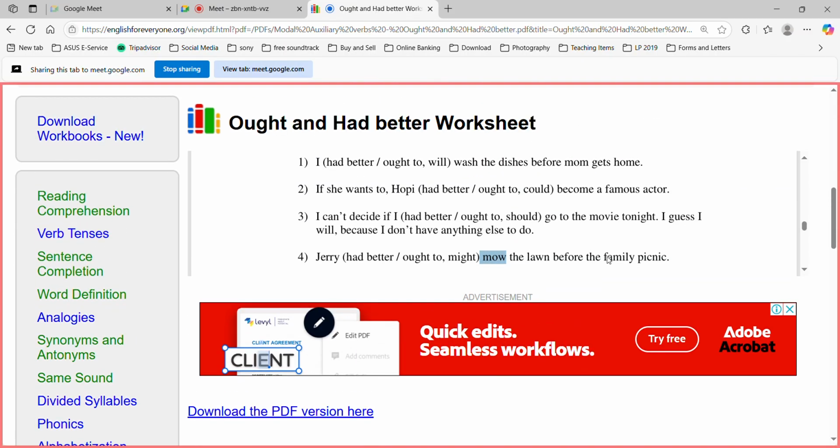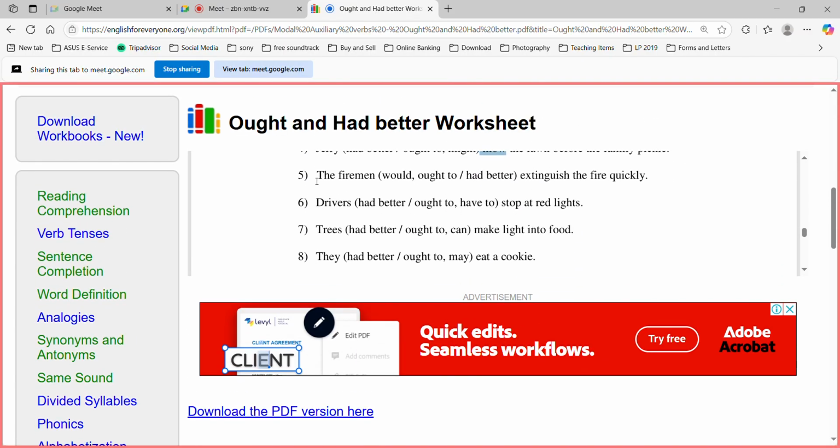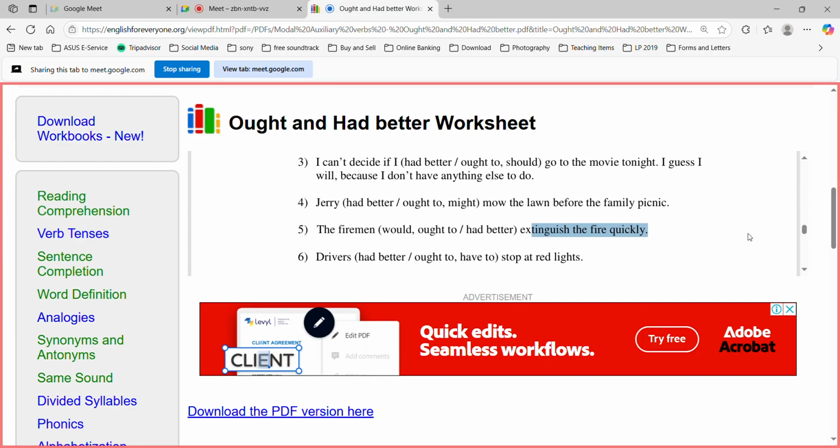All right, number 5. The fireman would, ought to, had better extinguish the fire quickly. So, which one is the answer for number 5? Would.